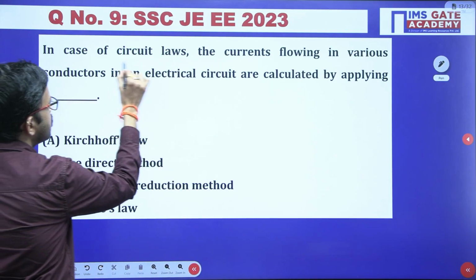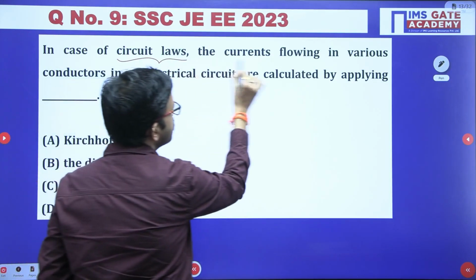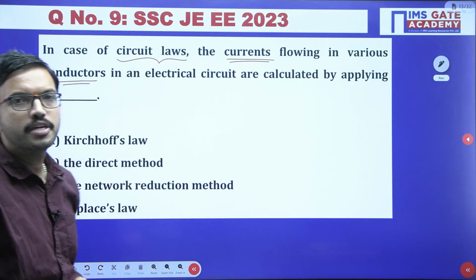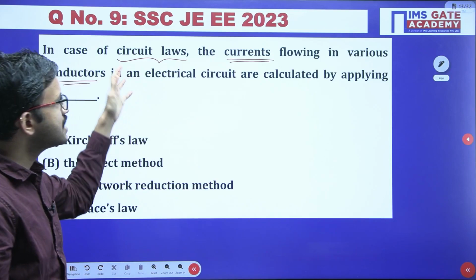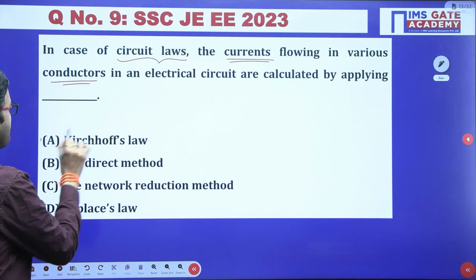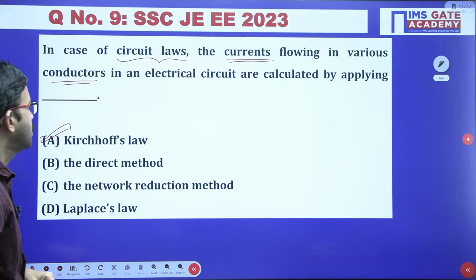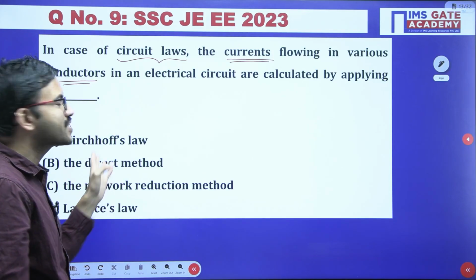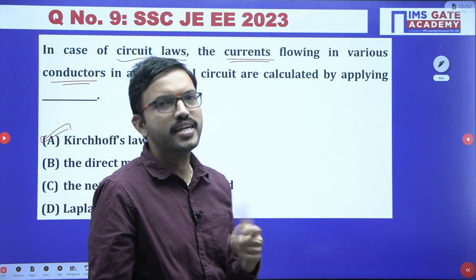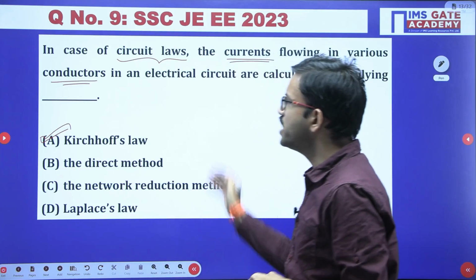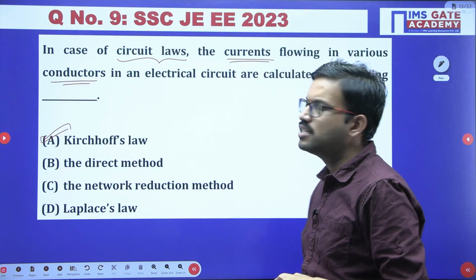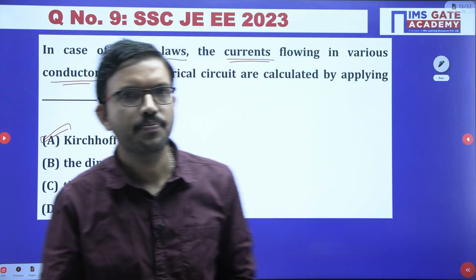In the case of circuit laws, the currents flowing in various conductors in an electrical circuit are calculated by applying... Since they mention currents flowing in the conductor, obviously we can apply KCL, Kirchhoff's current law. You have KCL and KVL, and with the help of those laws we can easily calculate the current in any conductor.